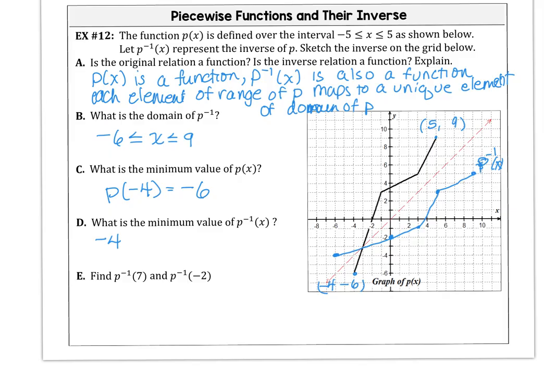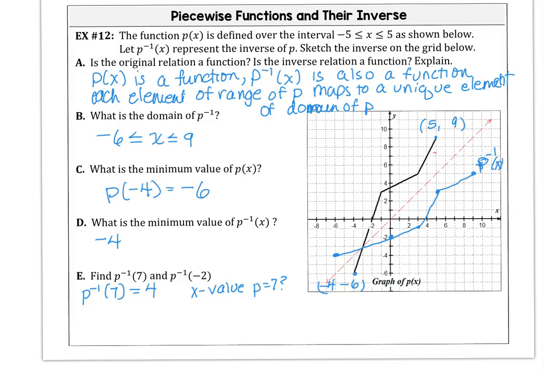And we want to find the p inverse of 7. So for the p inverse of 7, we need to look at the x value where p is 7. That looks like right here, which is 4. So the p inverse of 7 is 4.